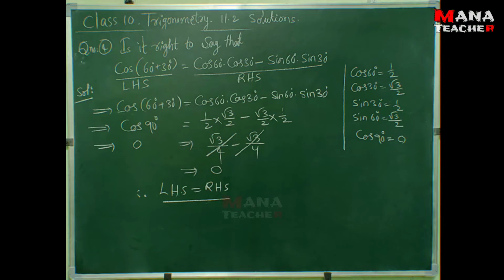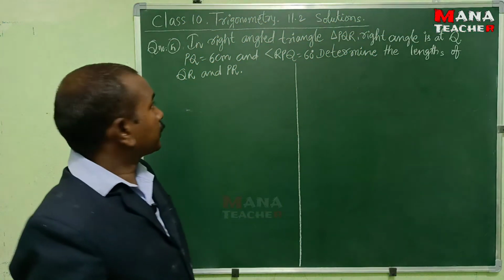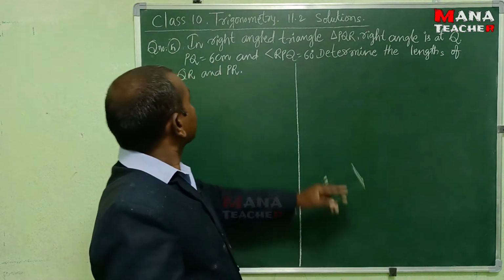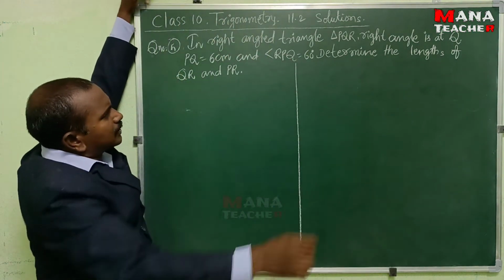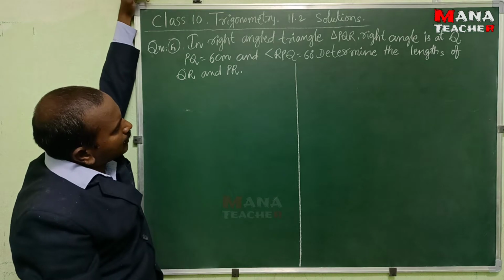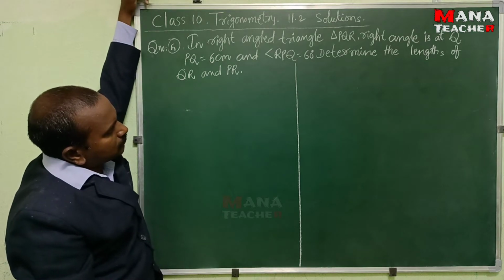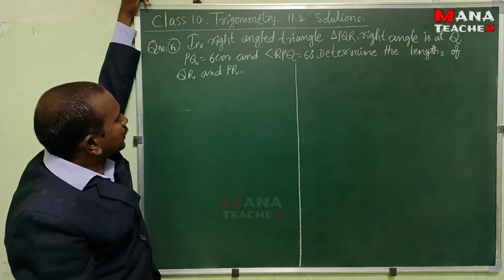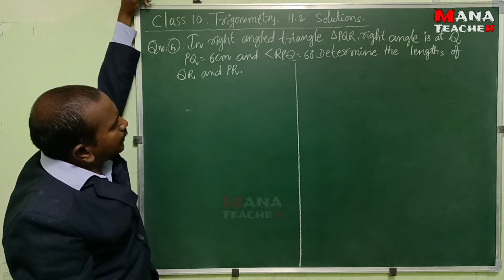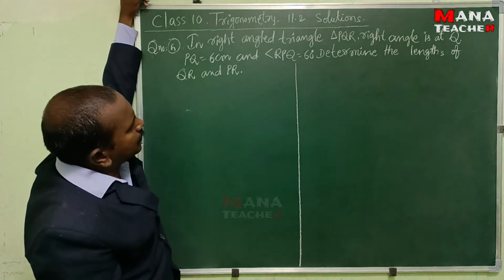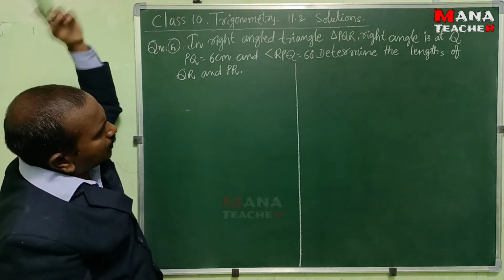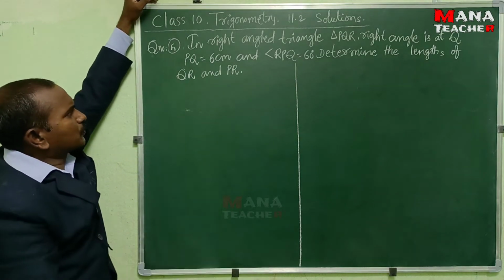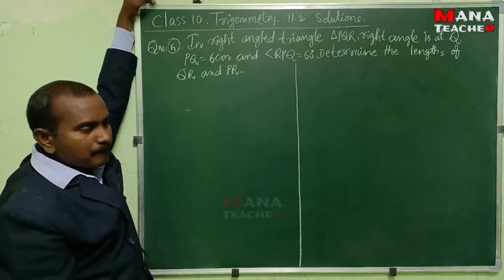Next, fifth problem. In right angled triangle PQR, right angle is at Q, PQ is 6 centimeter and angle RPQ equals 60 degrees. Determine the lengths of QR and PR.